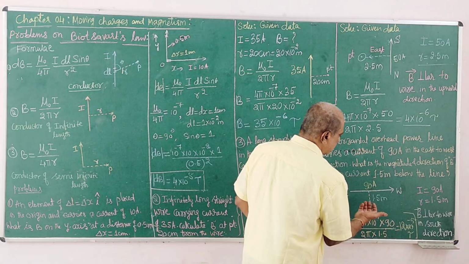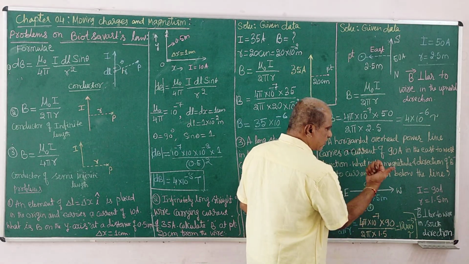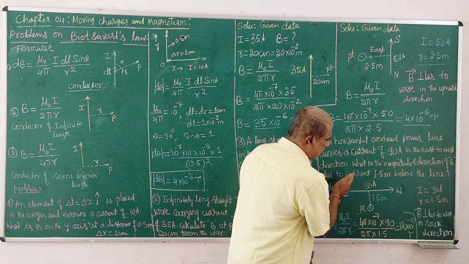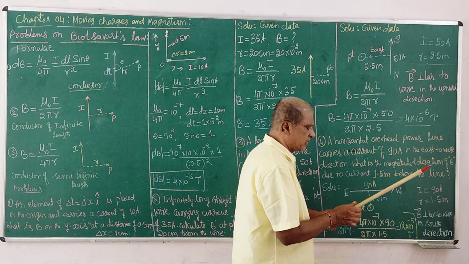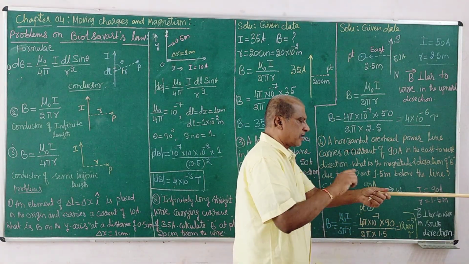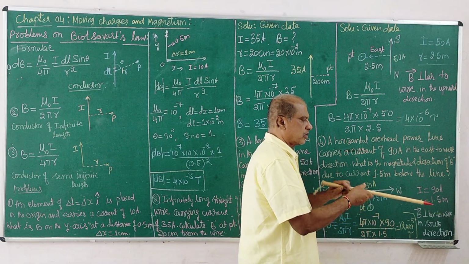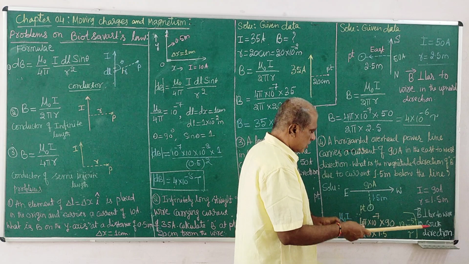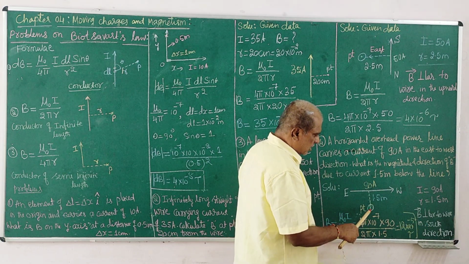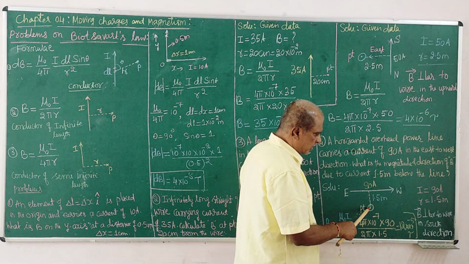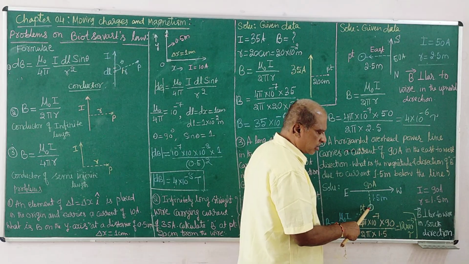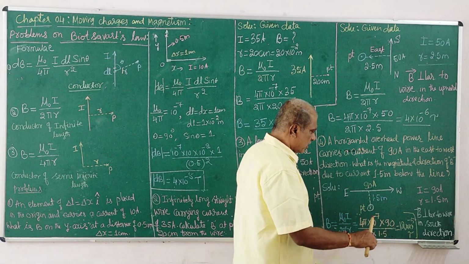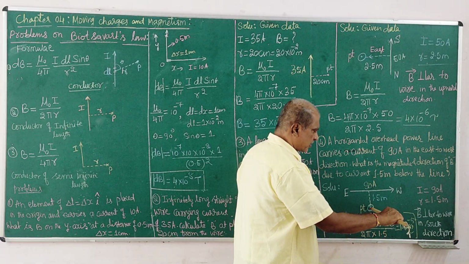The magnetic lines are always circular, covering the conductor, with direction like this. At this point, the tangent to the circle is the direction of the magnetic field. That is the inward direction.